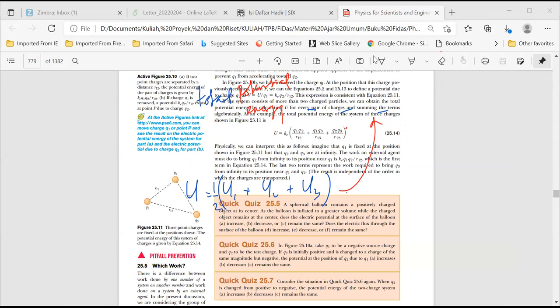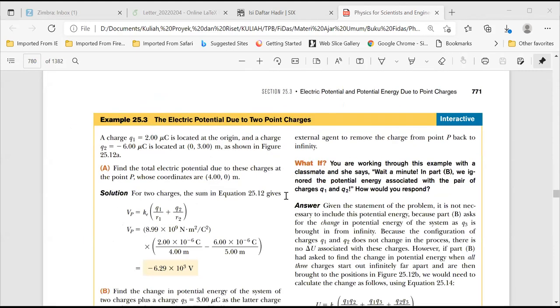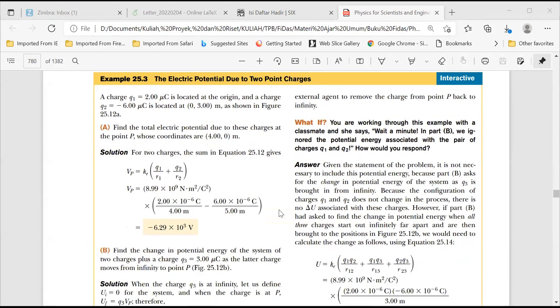So let us continue. Okay, so this is the total potential energy for 3 charges. This is the example, the potential of 2 point charges.